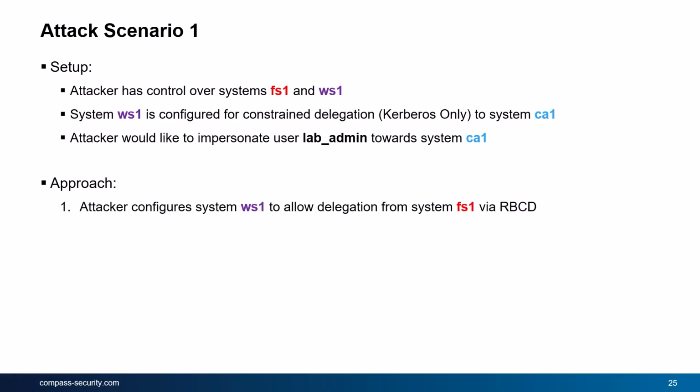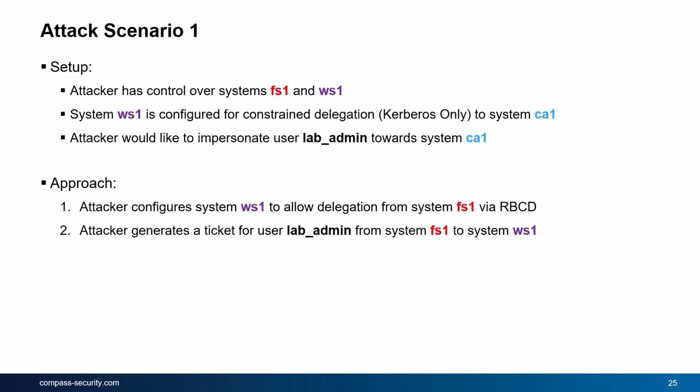As an attacker, we've learned the first step is to configure a resource-based constrained delegation between the two systems that we control. Since the RBCD is configured on the receiving system, the backend system of the delegation, we configure that on WS1 and allow the front-end system FS1 to delegate to us.